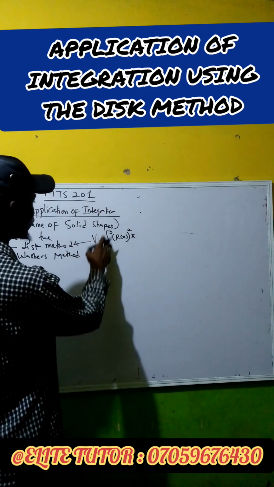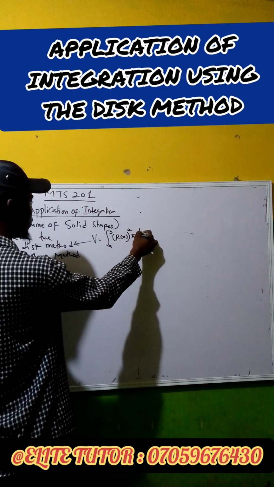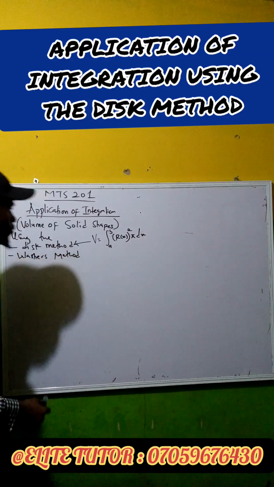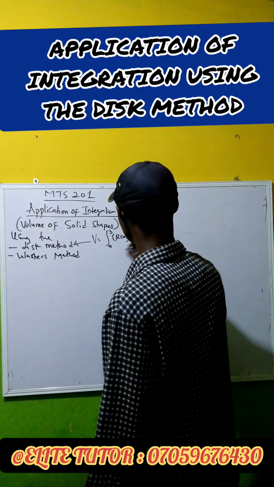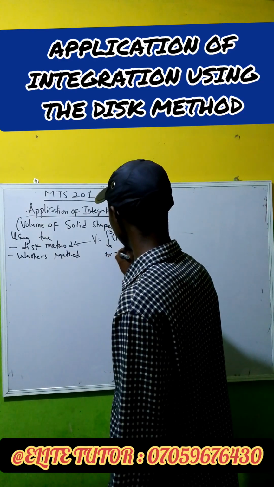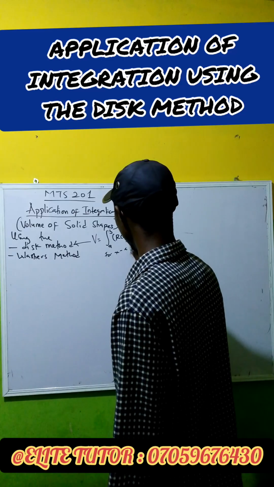So integral a to b, r squared, pi dx. This one is for the x-axis.